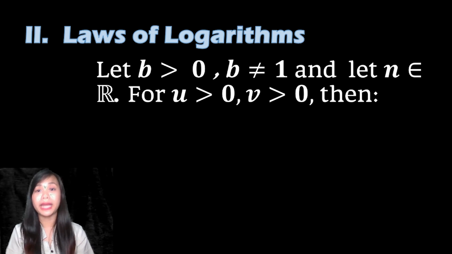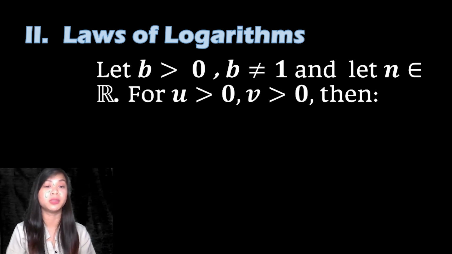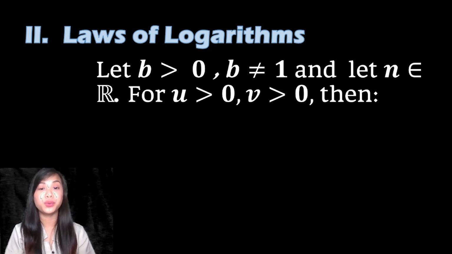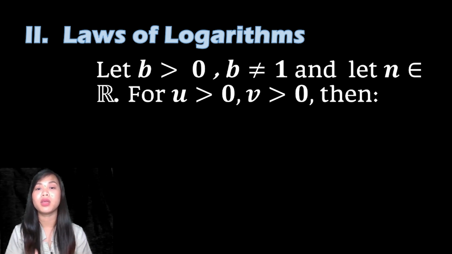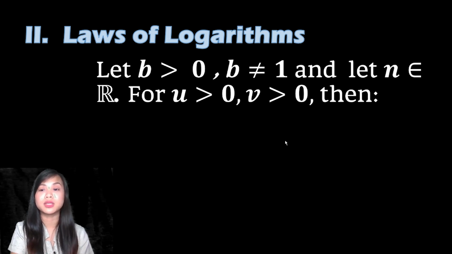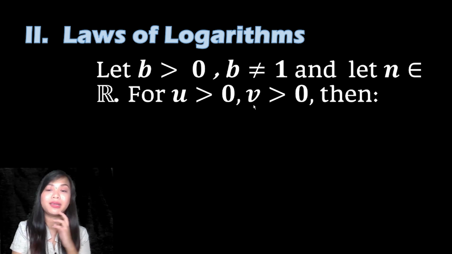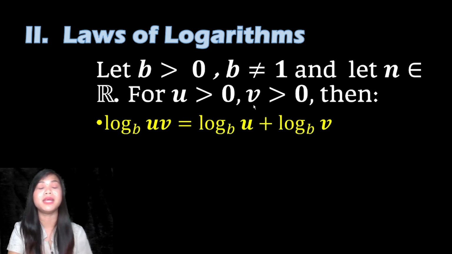We let n be an element of the real numbers, and u greater than 0 and v greater than 0. These are the variables that we're going to use: n, u, and v. Then we have these laws.